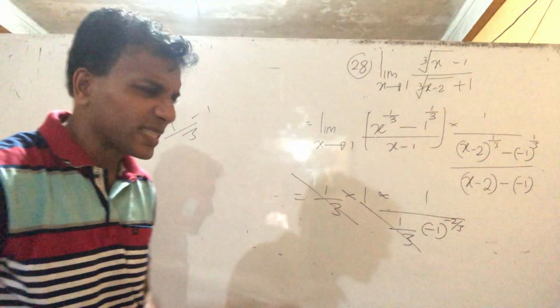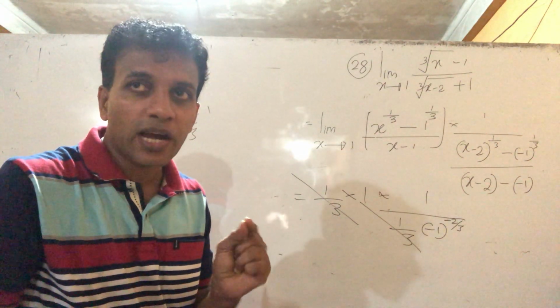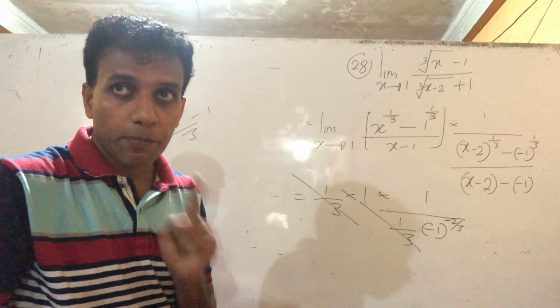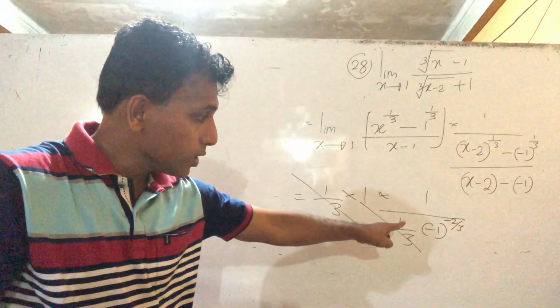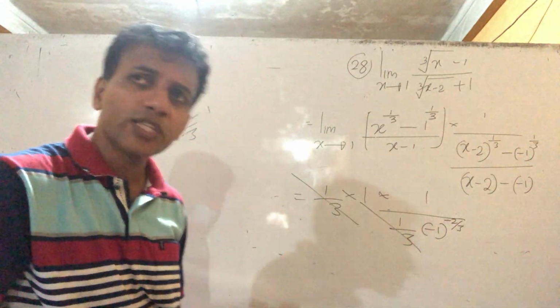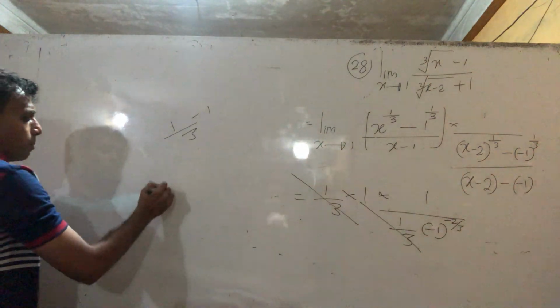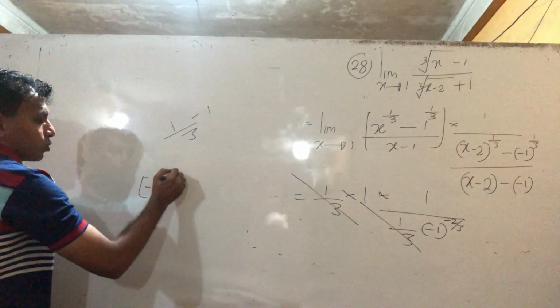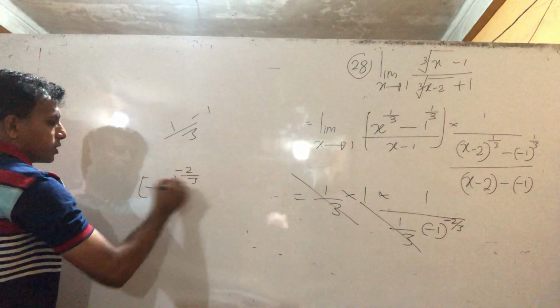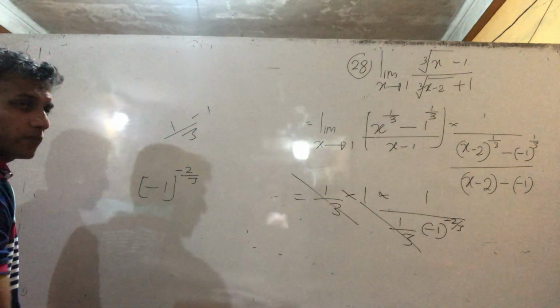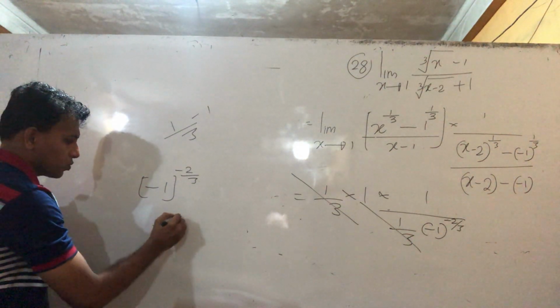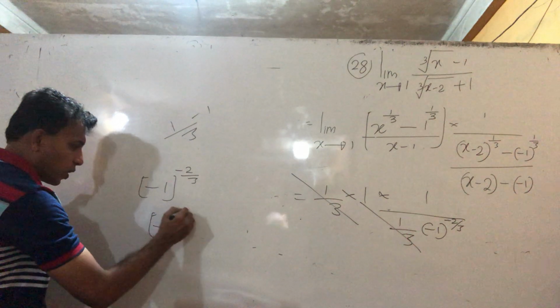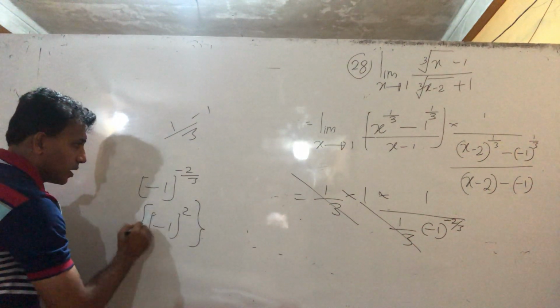It's very important. Sometimes there are silly mistakes, which make your solution incomplete, so be careful. Minus 1 to the power minus 2/3 is what? How do we get that value? Can I write it as minus 1 squared, to the power minus 1/3?